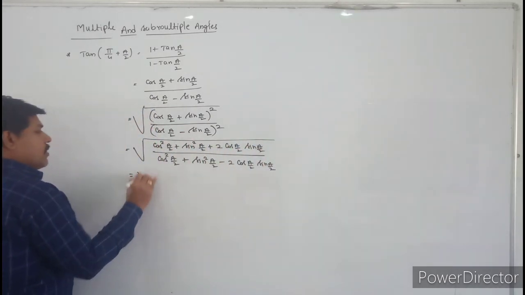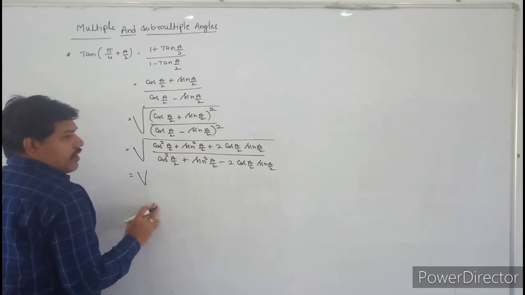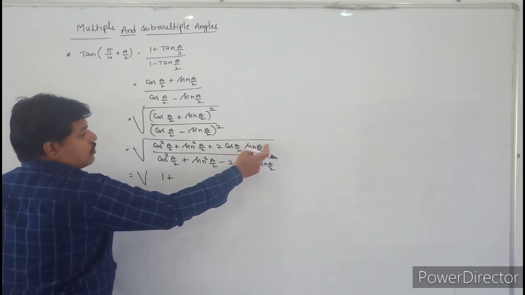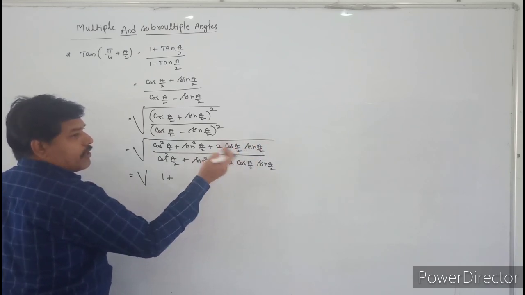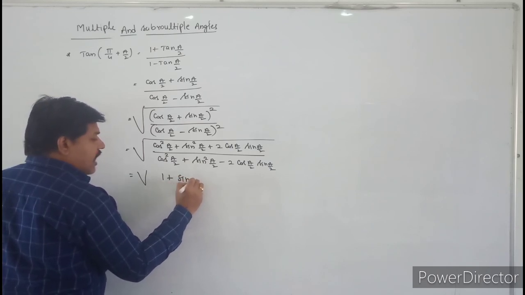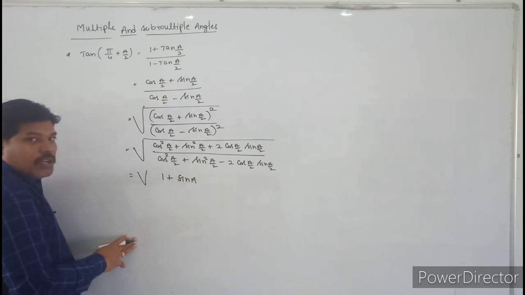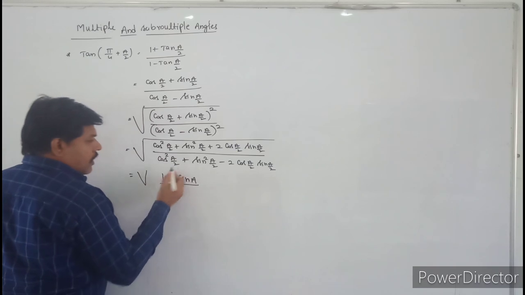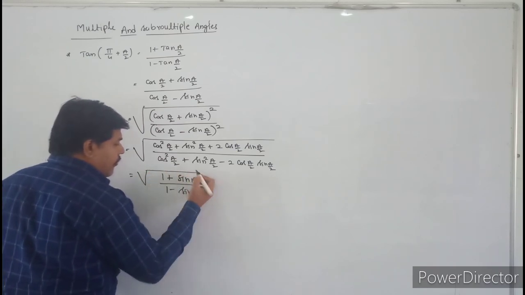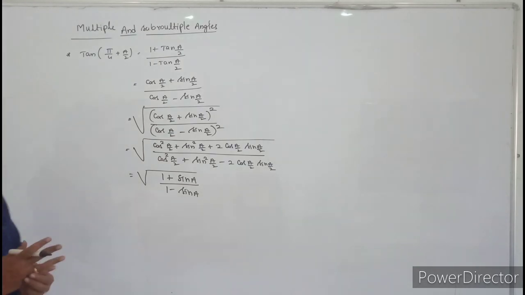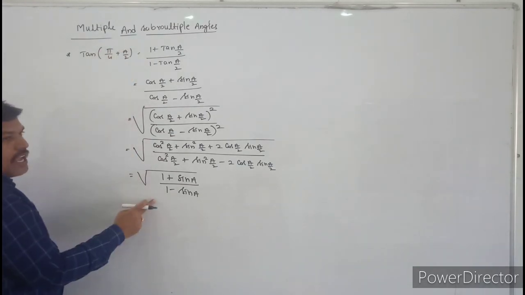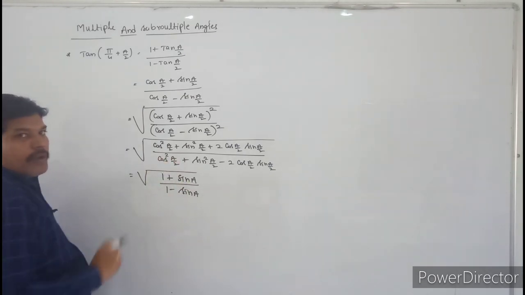Cos square theta plus sin square theta will become 1, plus 2 sin theta by 2 cos theta by 2 is sin theta. So that is nothing but sin A, I already gave the formula, and in the denominator it will become 1 minus sin A. So tan of pi by 4 plus A by 2 can be written as root of 1 plus sin A by 1 minus sin A.